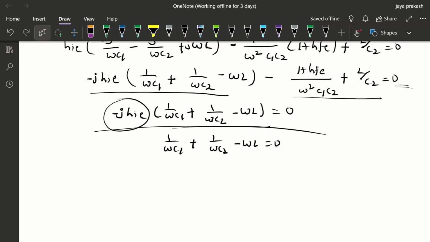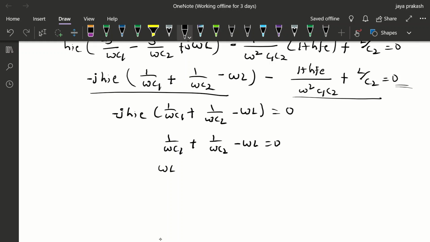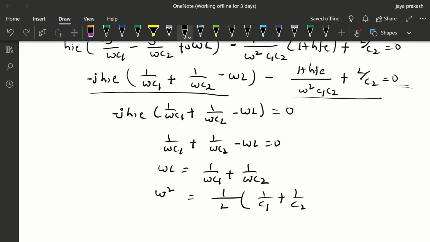So from this we can know omega L is equal to 1 upon omega C1 plus 1 upon omega C2. So omega square is equal to 1 upon L into 1 upon C1 plus 1 upon C2.